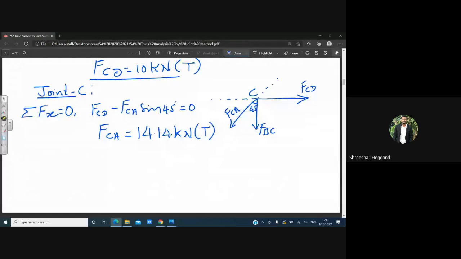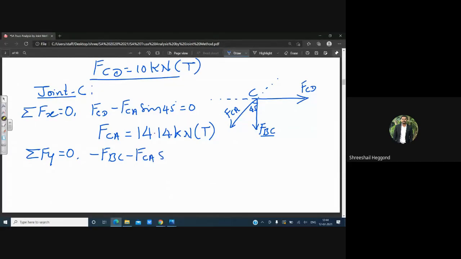Once you find out FCA, remaining is FBC, that can be calculated by considering summation of Fy. Summation of Fy is equal to 0, and expression can be written as FBC is acting towards down, therefore I can write minus FBC, and minus FCA is also in the third quadrant, so this is also a negative value, that is FCA.